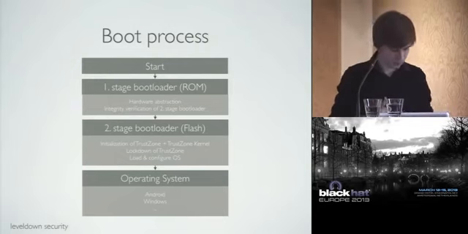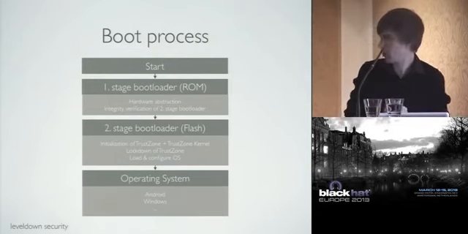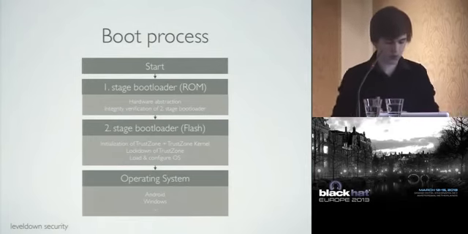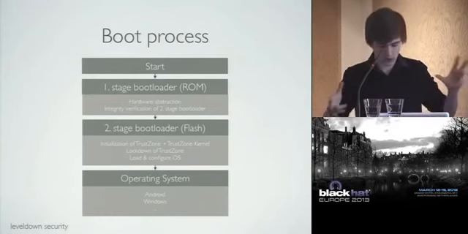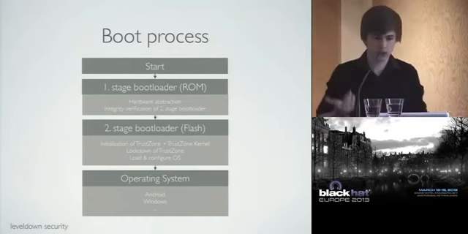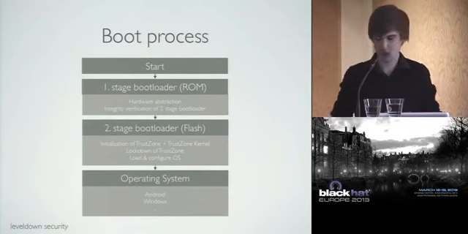In the second stage bootloader, the initialization of TrustZone takes place. The TrustZone kernel is loaded into memory, all the secure registers and so on are set up, and then it loads and configures either the operating system immediately or a third-stage operating system loader.